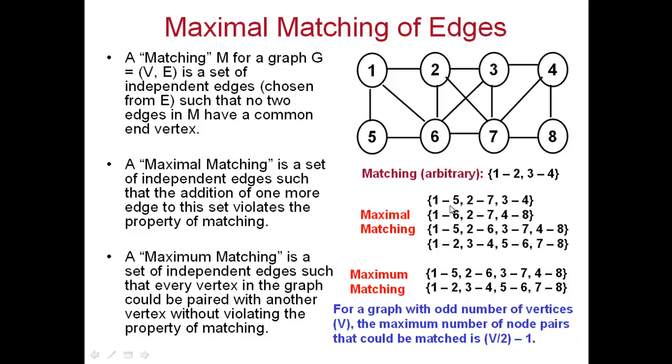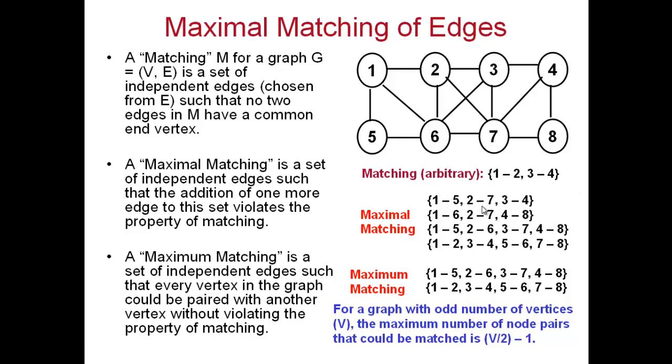Now there could be more than one maximal matching of edges for a given graph, so something like this. Here you have 4 maximal matchings. And you notice here 2 of them have just 3 edges in them, whereas 2 of them have 4 edges in it. So it depends on which combinations of edges we pick. If we pick some edges to be part of a matching, we cannot add a lot of other edges to this matching.